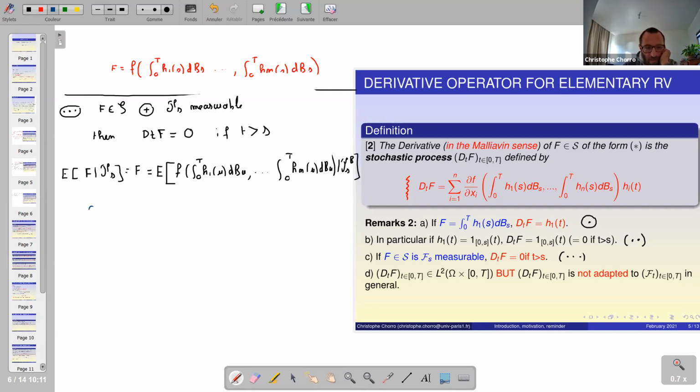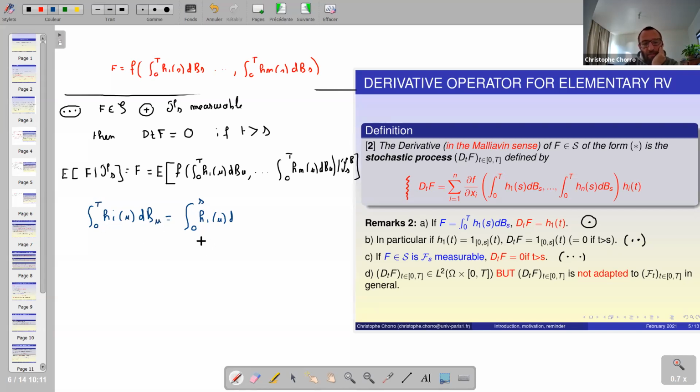So keep in mind that for any i in 1 to n, I can decompose this Wiener integral using the Chasles relation. Just to be coherent with my notation, I don't want to make confusion with the indexes, so we are going to write u here, dB_u.